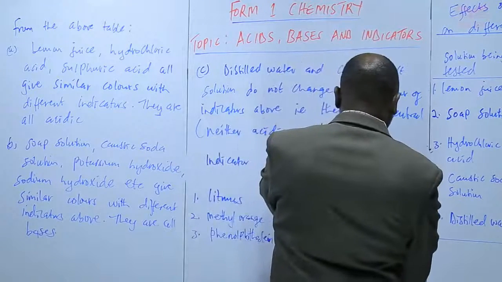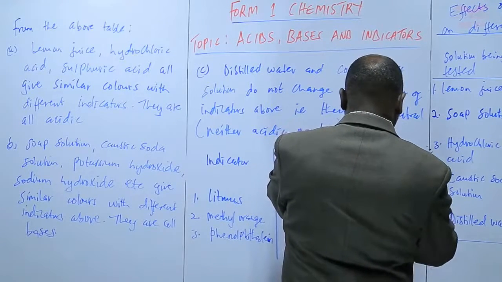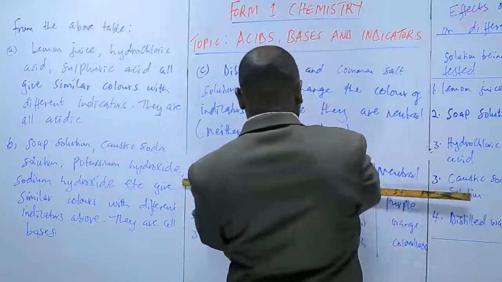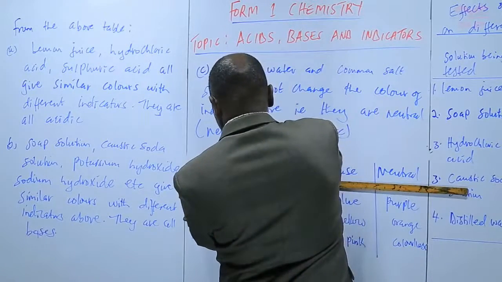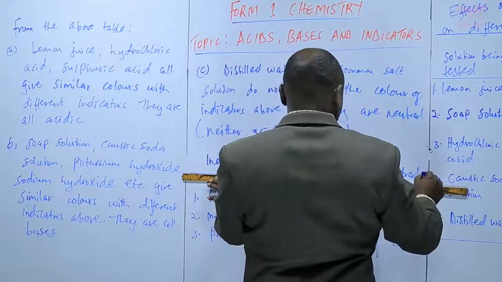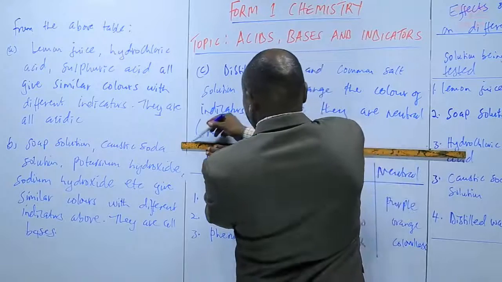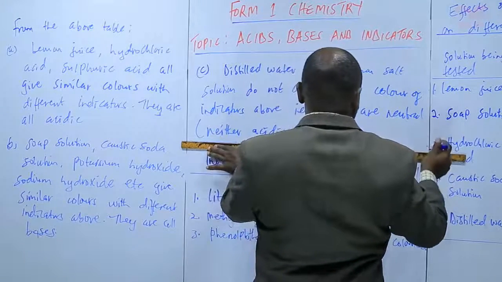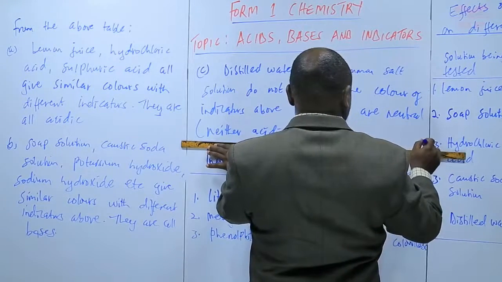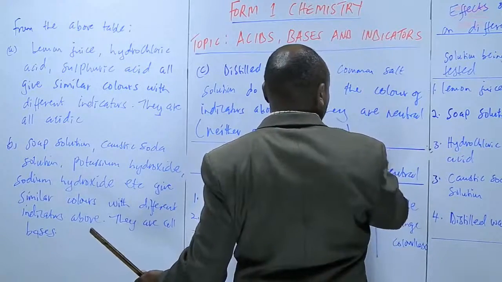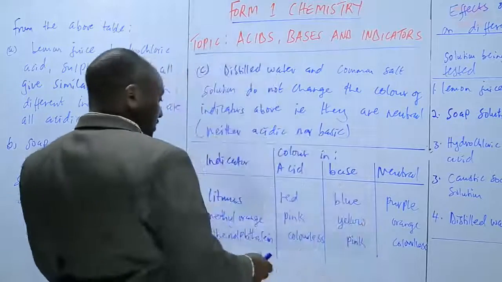This is the conclusion that we've got from the first table. We have an indicator, and then we have the various colors that it gives us, if the solution is acidic, if it is basic, and if it is neutral.